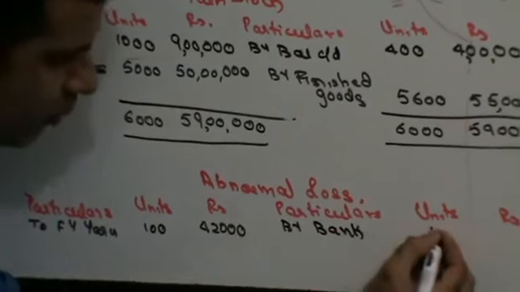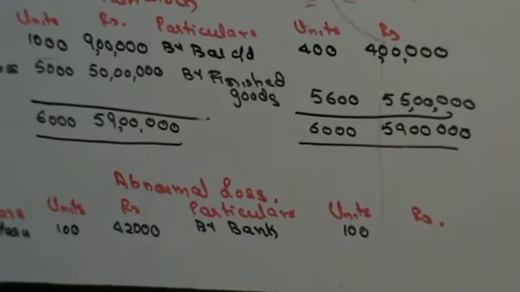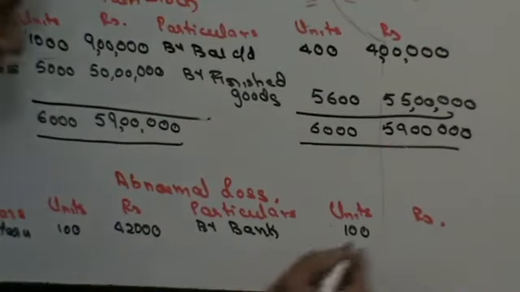Write the same number of units and multiply it by the scrap value. The scrap value of FY process is 250. So 100 into 250 is going to be 25,000.